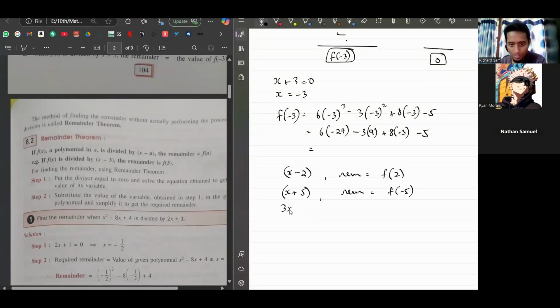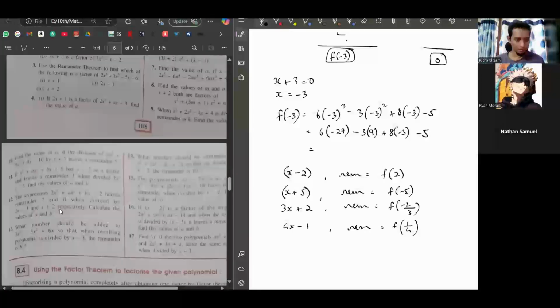If I'm dividing with 3x plus 2, then the remainder is f of minus 2 upon 3. You take the plus 2 to the right, then the 3 down. For 4x minus 1, the remainder is f of 1 upon 4. Okay, so let's do a few questions from this exercise.